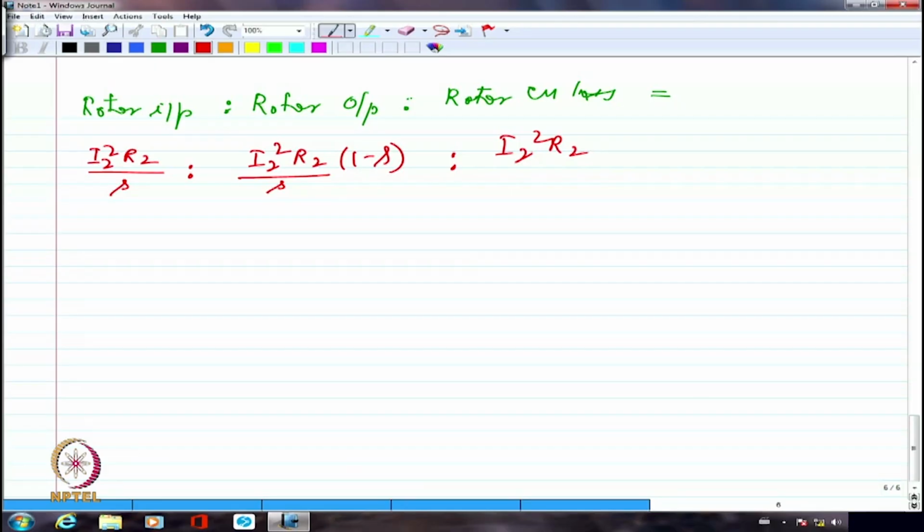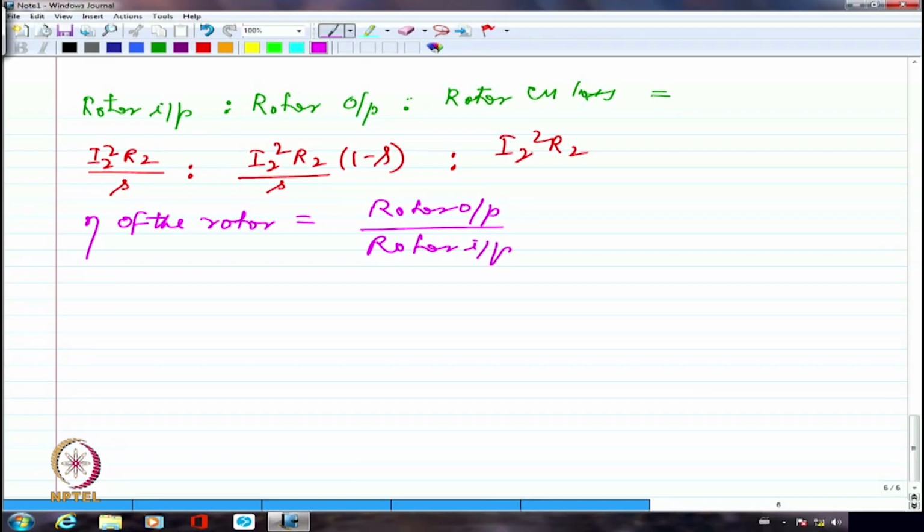Right? So, if I take what is the efficiency of the rotor, that is actually rotor output divided by rotor input. So, that will be 1 minus S. Right?